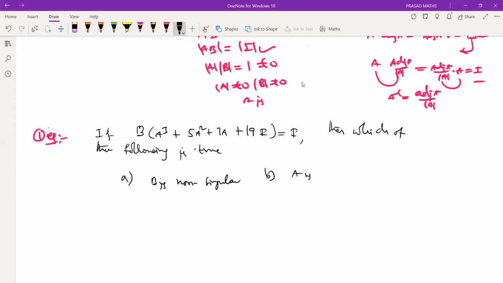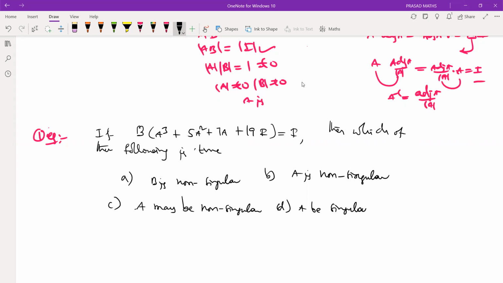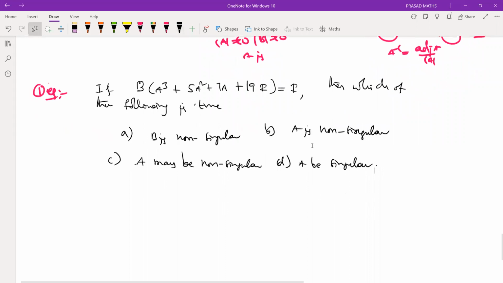A is non-singular. C, A may be non-singular. D, A may be singular. Yeah, tell me. What is the idea? Any idea?